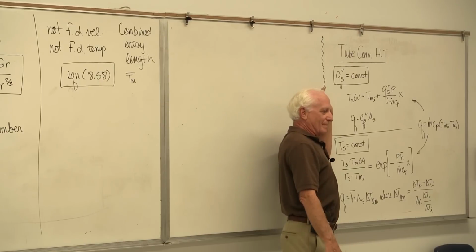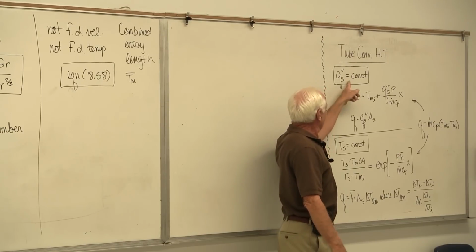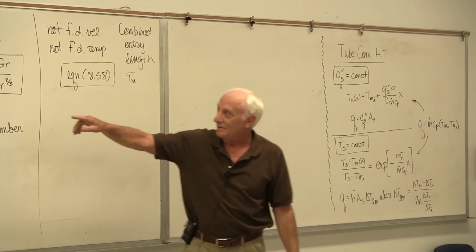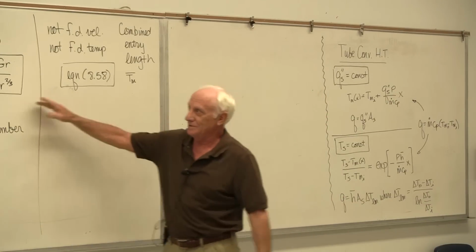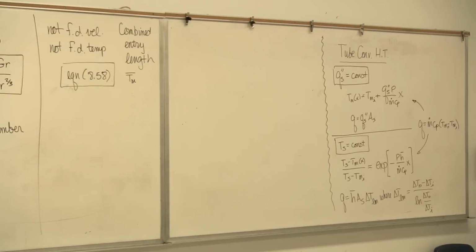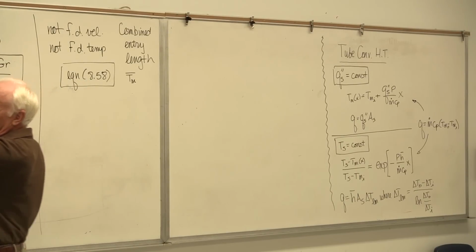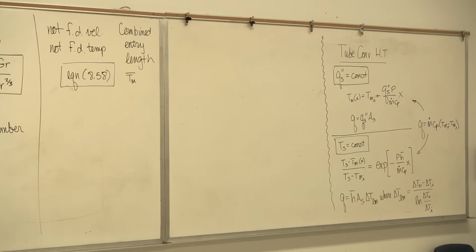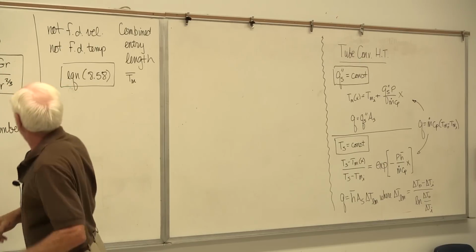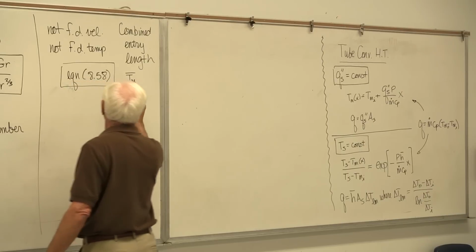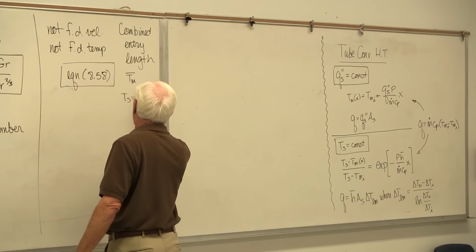Everything to the right of my hand, that's q_s, that's that one over there, and this is T_s constant, this one and this one. You don't have these two for q_s double prime constant, so don't worry about that. Again, this is T_s equal constant.